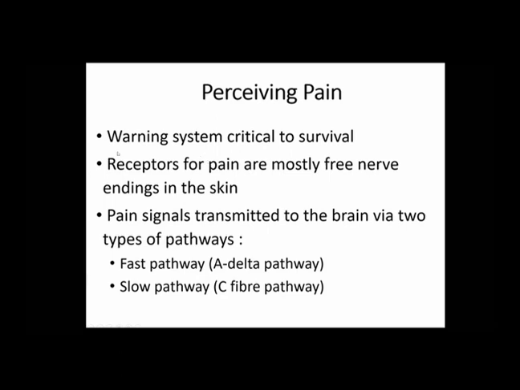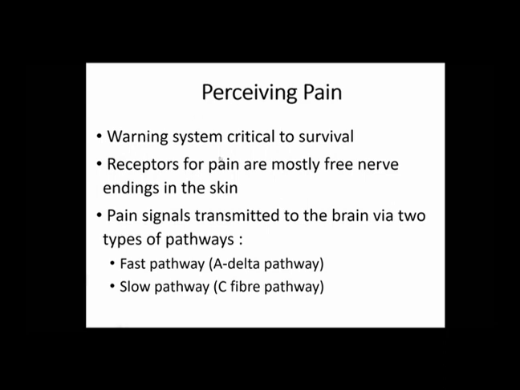And when we have receptors for pain, they're almost always going to be free nerve endings in the skin. So basically saying instead of our sensory neurons connecting to a specific receptor, like in our sense of taste, where it connects to our taste buds, or connecting to the hairs in our membranes for the ears.